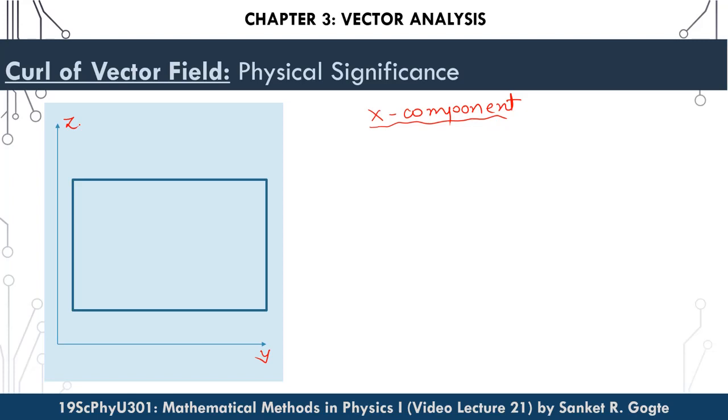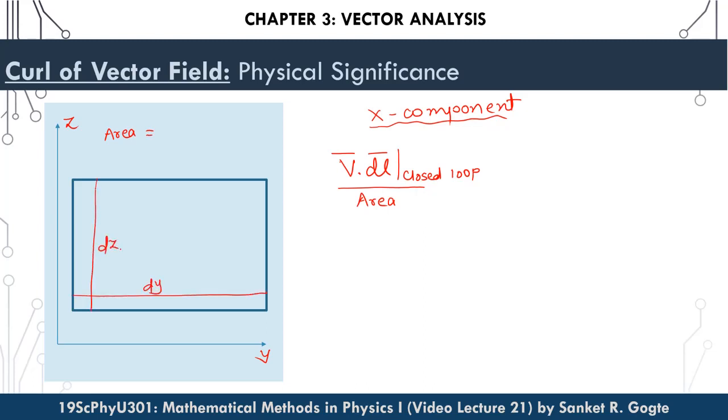So the x component of v dot dl for the closed loop per unit area, where this area is the area of the rectangle, which is equal to this length dy and this length dz. Therefore this is dy into dz.